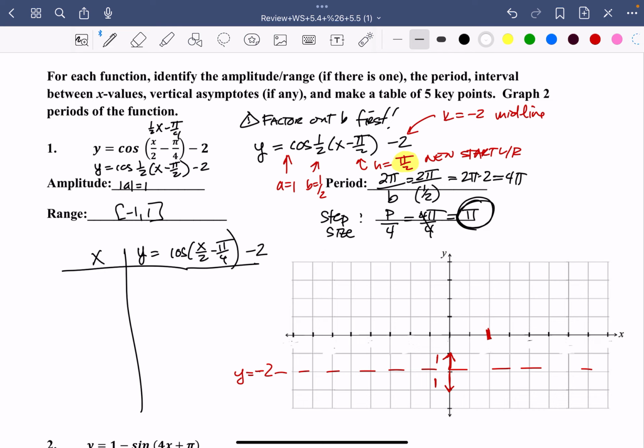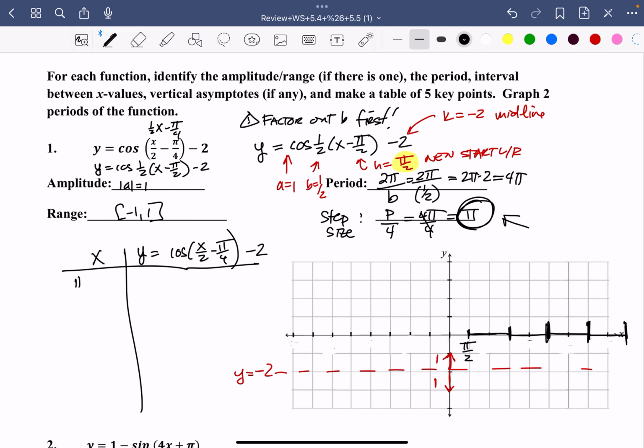So this time we are going to start out at, let's see, again, pi over 2 is our new start. So we're going to say that pi over 2 is here. So if every step is pi, in terms of the graph, well, here we see our step size is 1. So this would be 1 step of size pi, 2 steps of size pi, 3 steps, and this would be 4 steps of size pi.